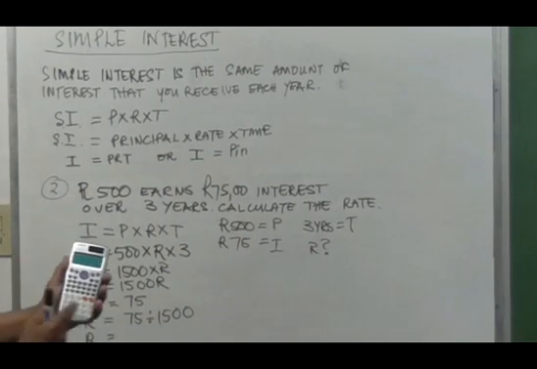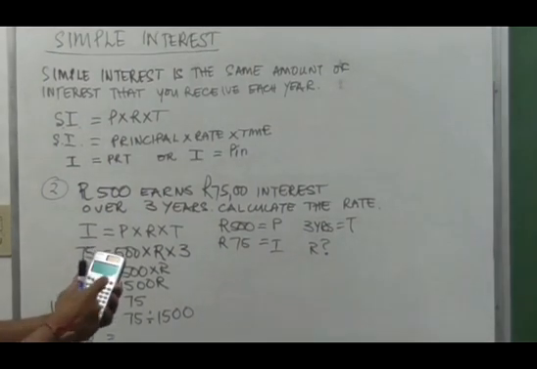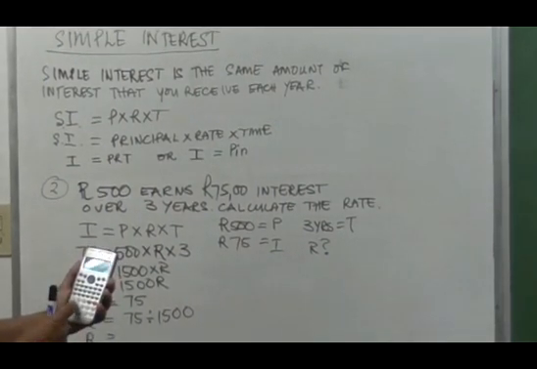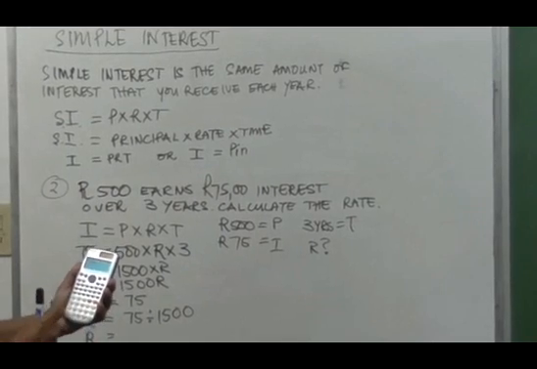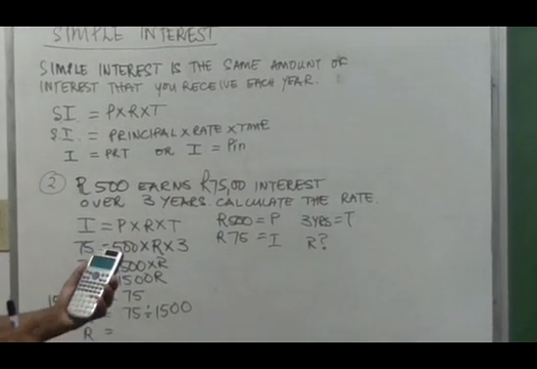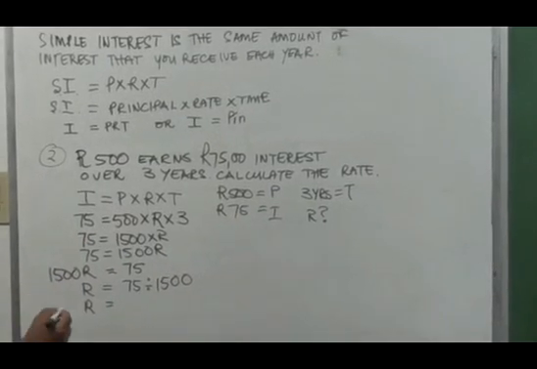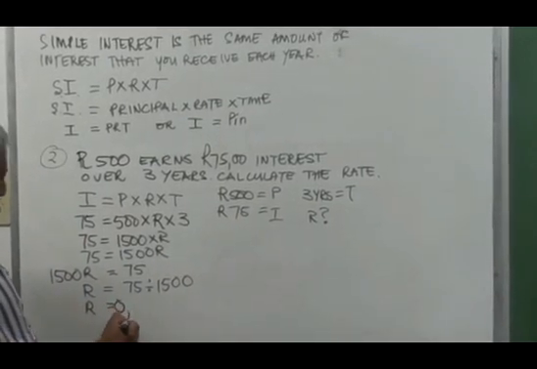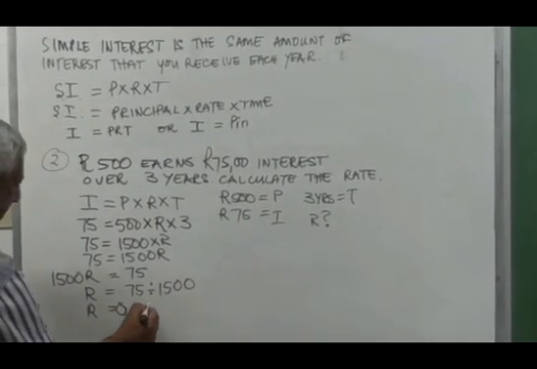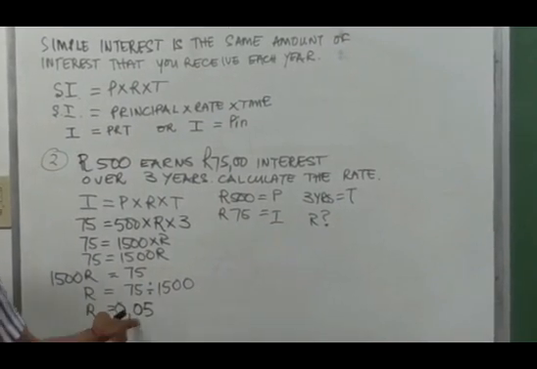75 divided by 1,500 is equal to 0,05. Now that's a decimal fraction, but you want the percentage.